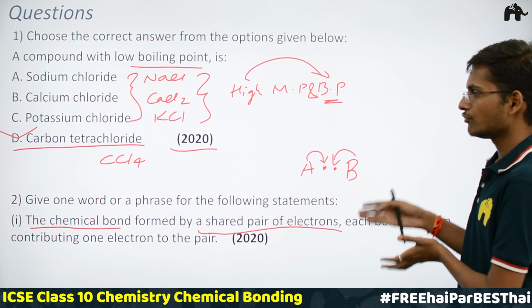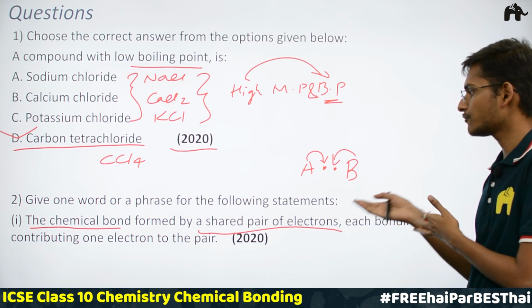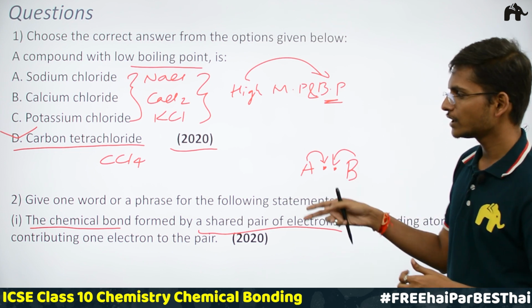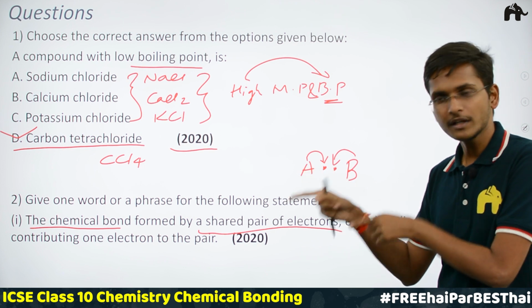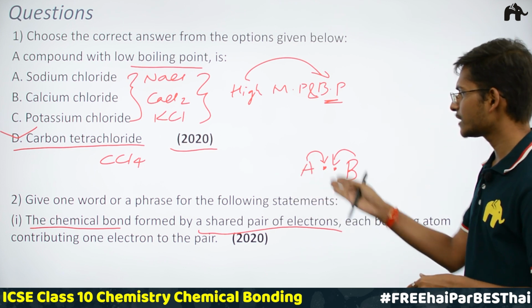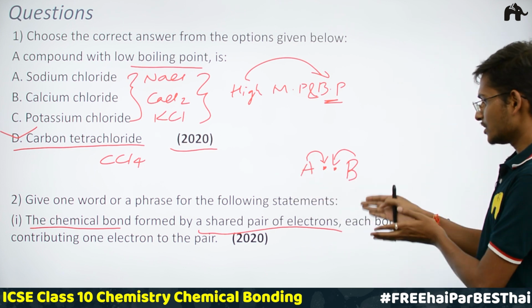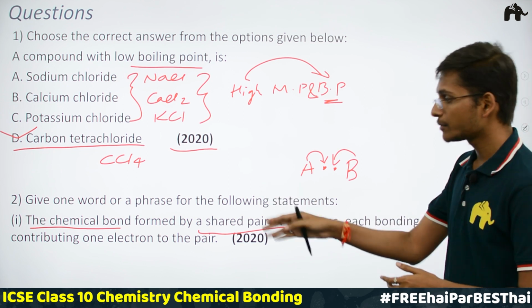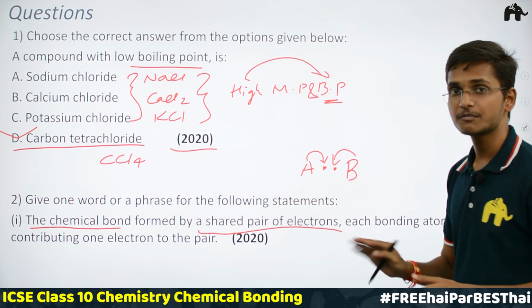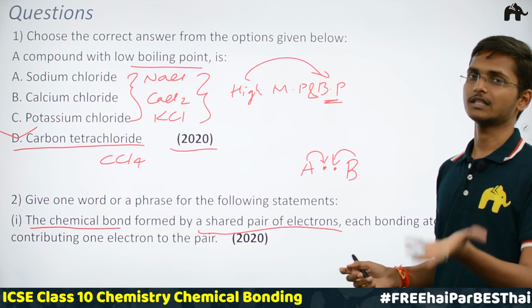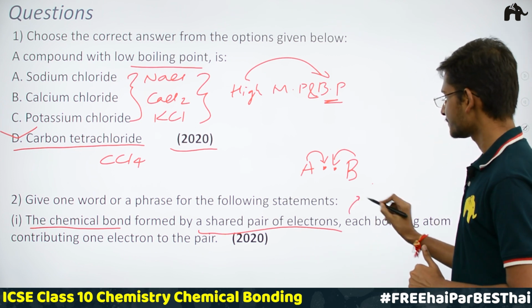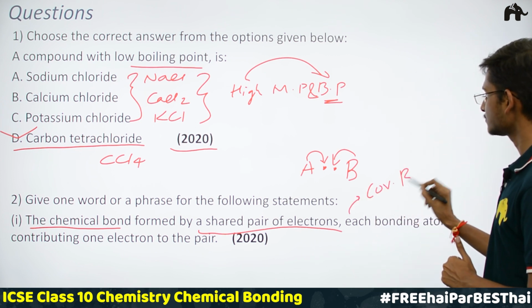You have to write the name of the chemical bond here. So which bond is formed by the shared pair of electrons, where each bonding atom is contributing one electron to the pair? This means mutual sharing of electrons. We know this is a covalent bond, right? So the answer is covalent bond.